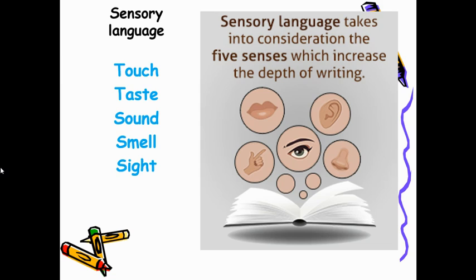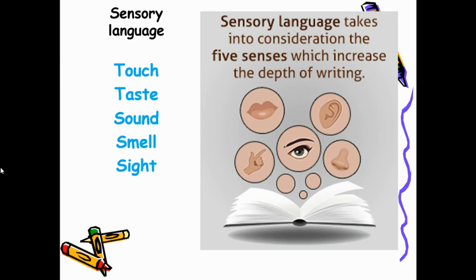Next then, you have sound. So what does it sound like? Loud, quiet, peaceful, annoying, screeching, crackling, crunchy. Okay, so those are sound, and sometimes the adjectives you use can be used for many of the senses.